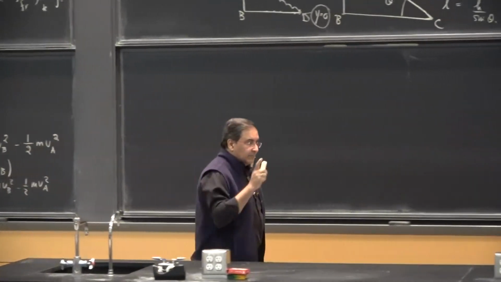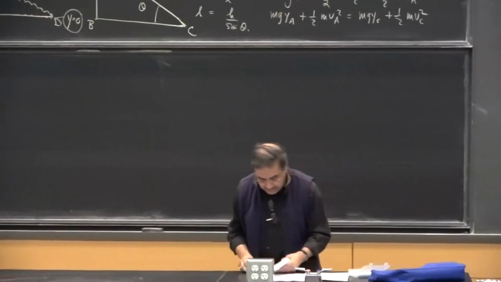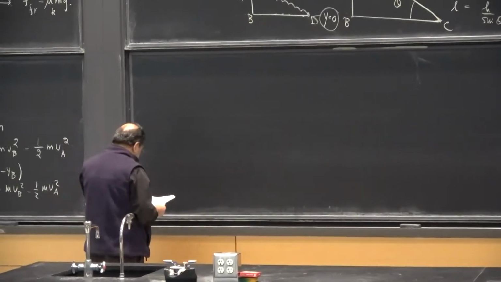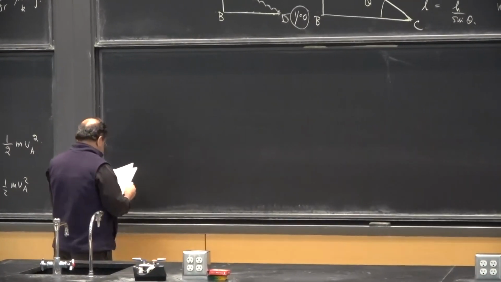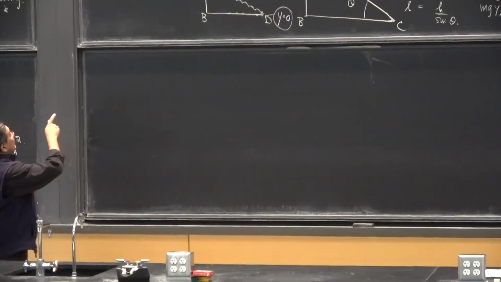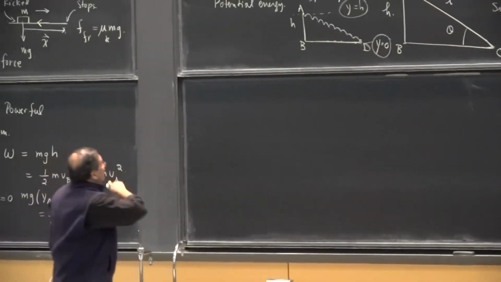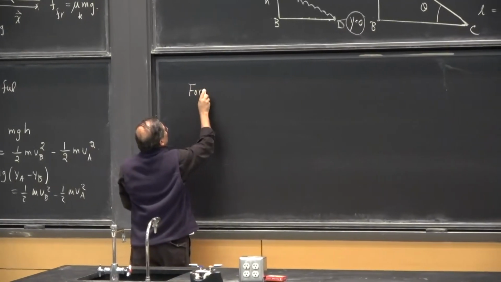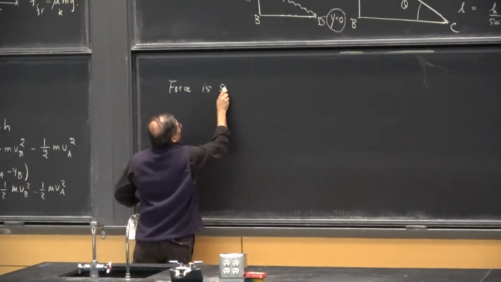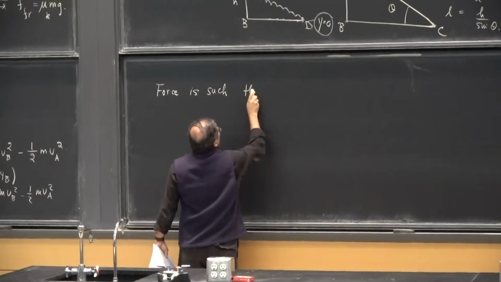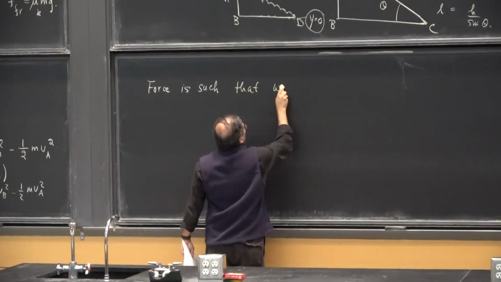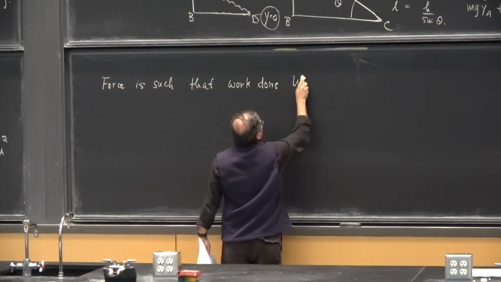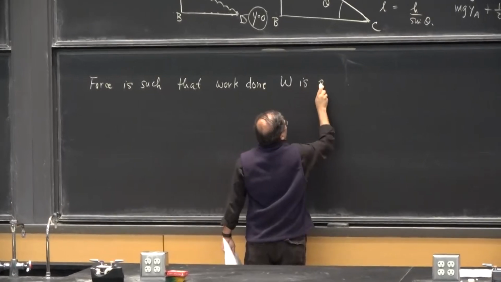Okay. So I'm going to come back and push this thing a little bit further, because let's say the force is such that there is path independence. So the force is such that the work done W is path independent.